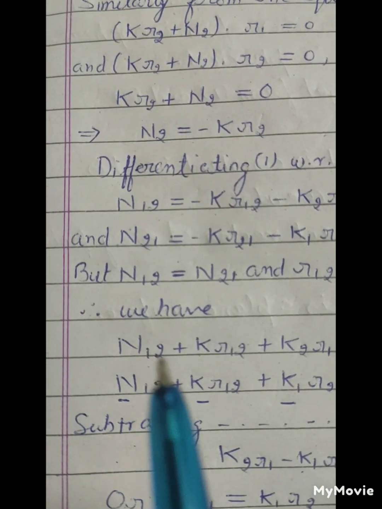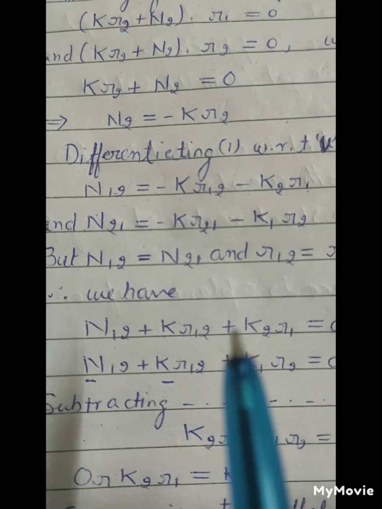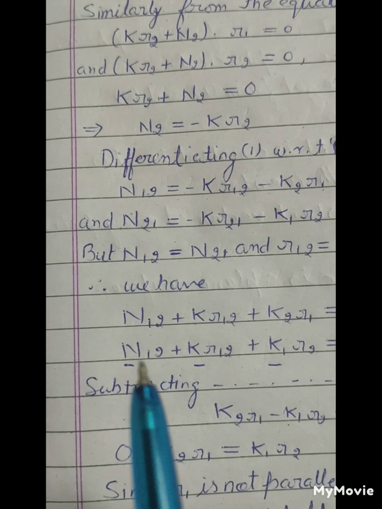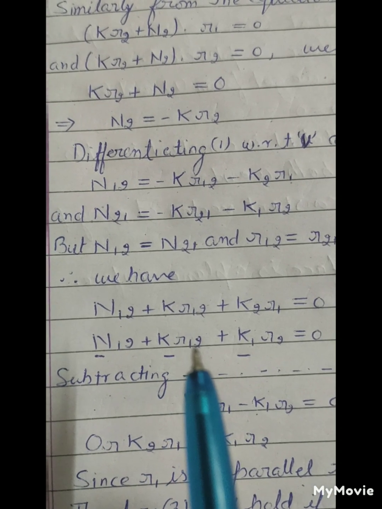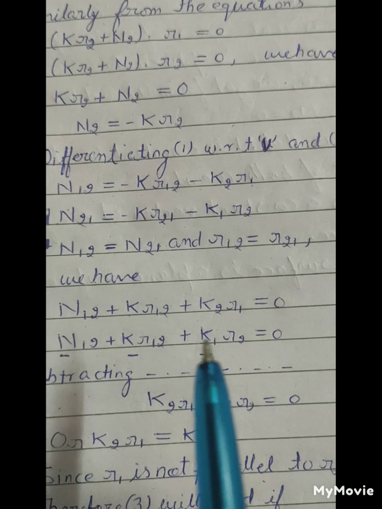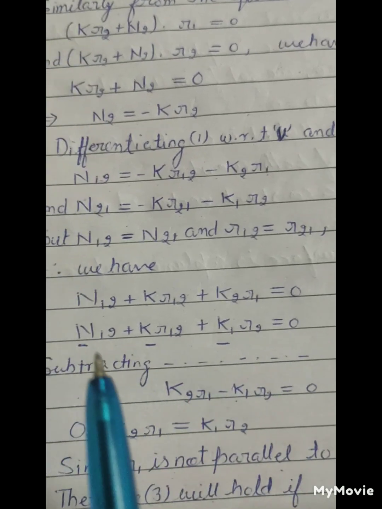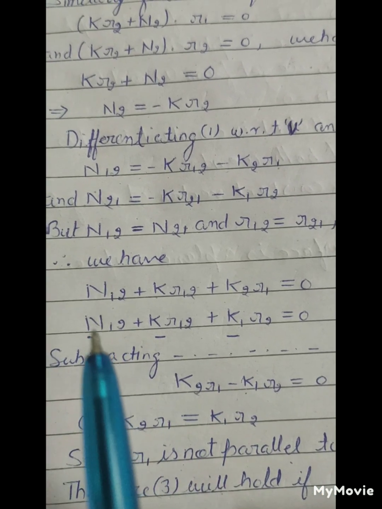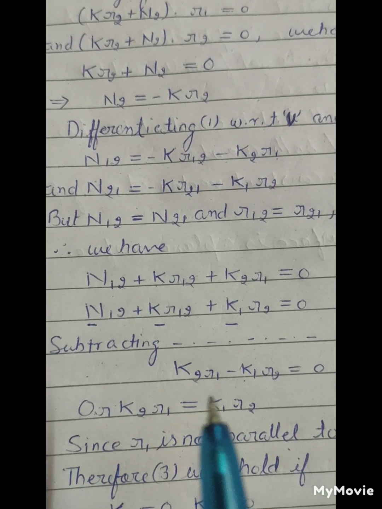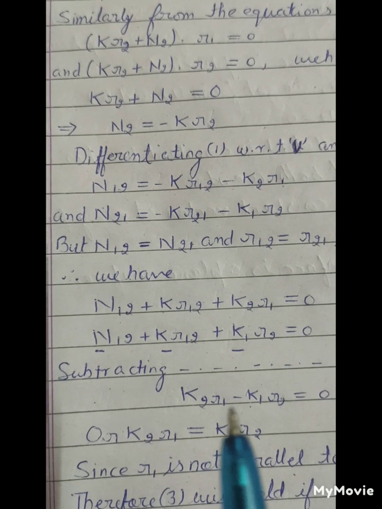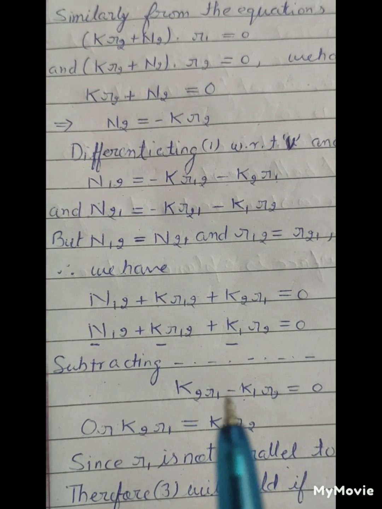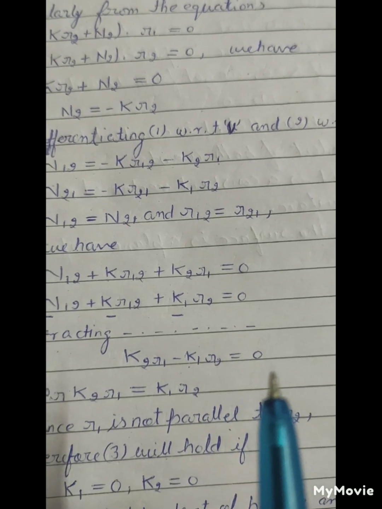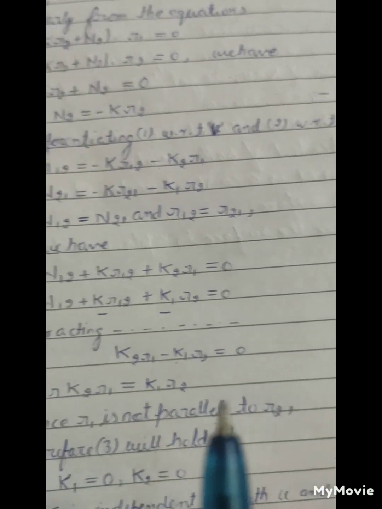So we have n12 + K r12 + K2 r1 = 0 and n12 + K r12 + K1 r2 = 0. Subtracting, the terms cancel out, so K2 r1 - K1 r2 = 0.